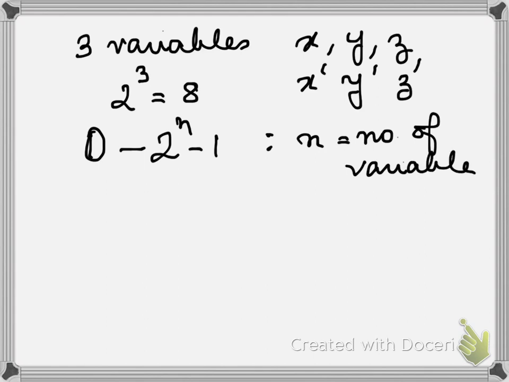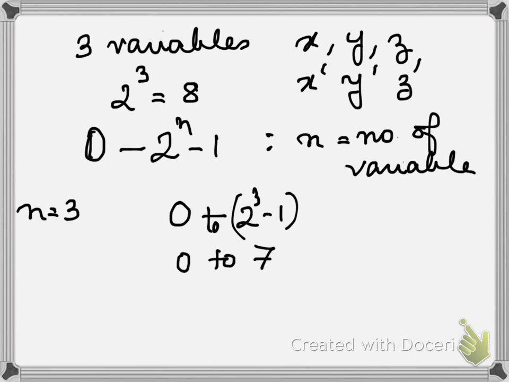So if the number of variables is 3, that is n is equal to 3, then I just need to write the binary equivalent from 0 to 2 to the power 3 minus 1, which is 0 to 7. So in total I have 8 possible values. I will write the numbers 0, 1, 2, 3, 4, 5, 6 and 7, and then their binary equivalents.